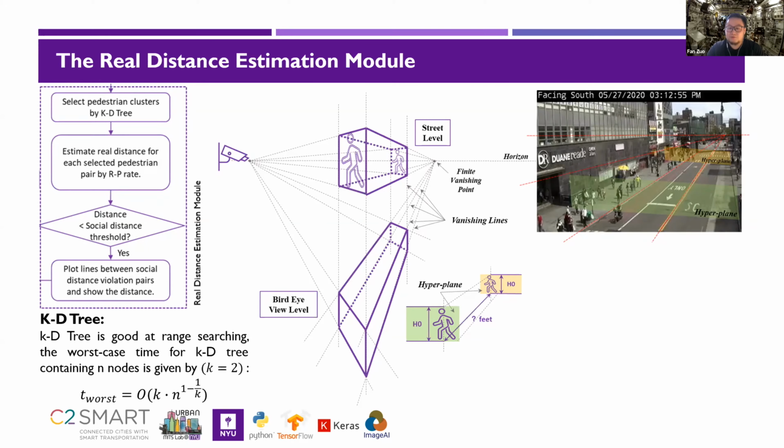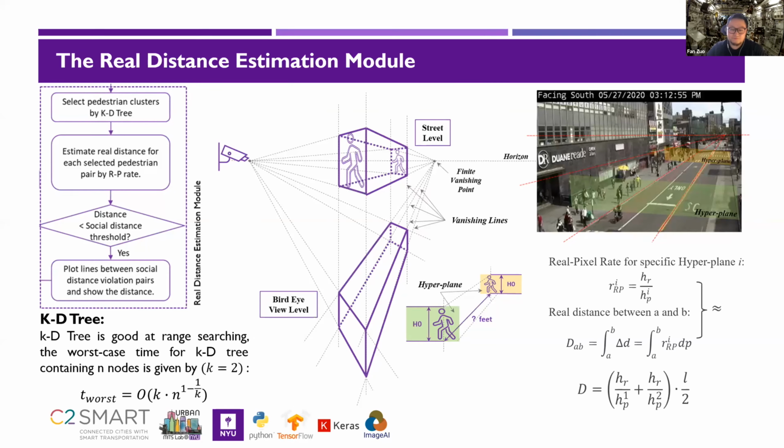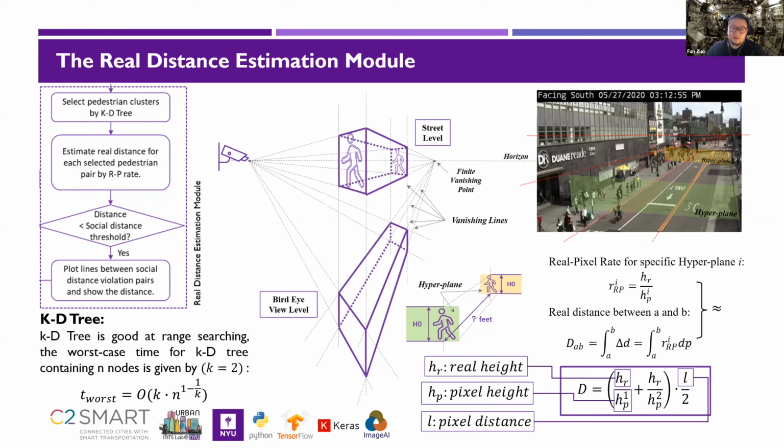So the real distance between them is the integral of the unit RP rate multiplied by the unit pixel distance. And after some transforms, we can use an approximated formula to estimate the real distance between pedestrian pairs. Here we can just use the real height, which we already assume to be a fixed number, the pixel height we already get, and the pixel distance between the pair to calculate the real distance.